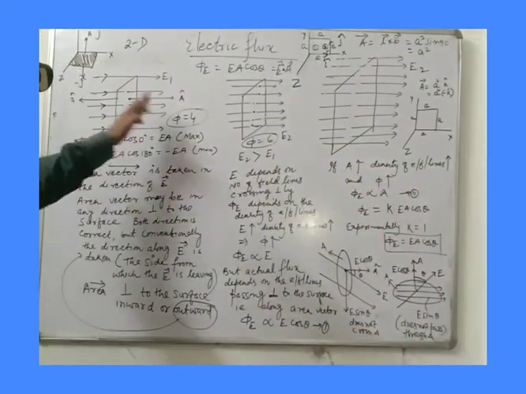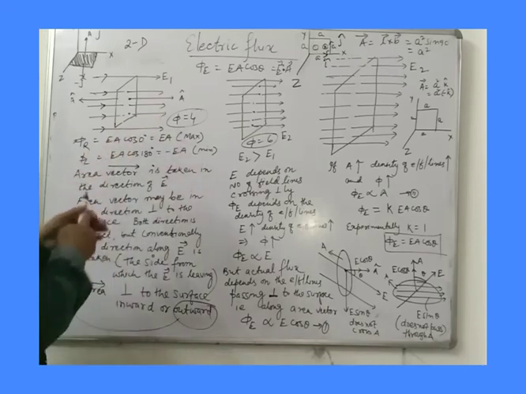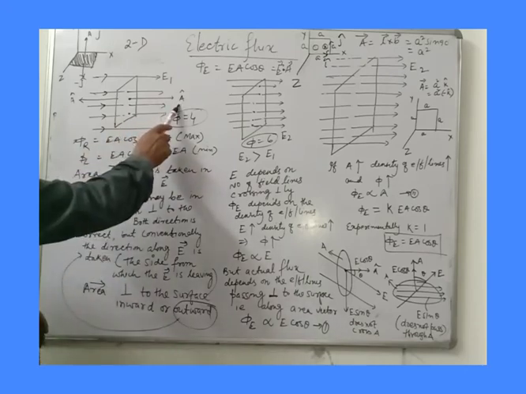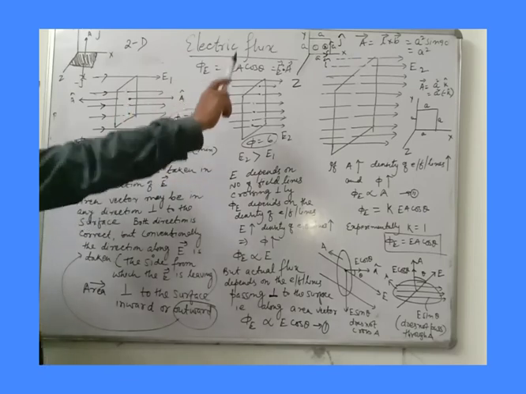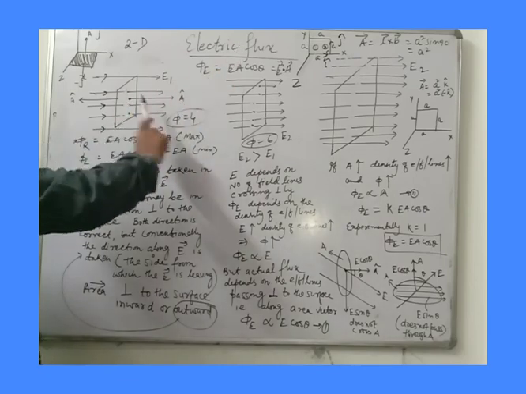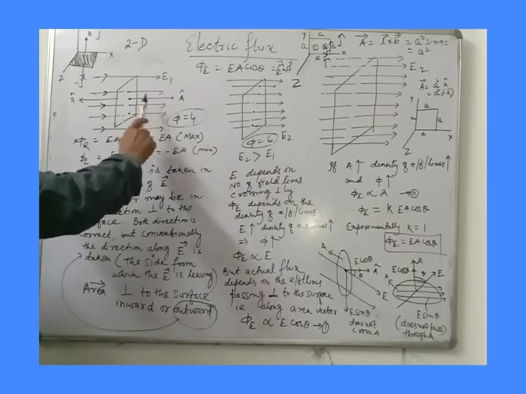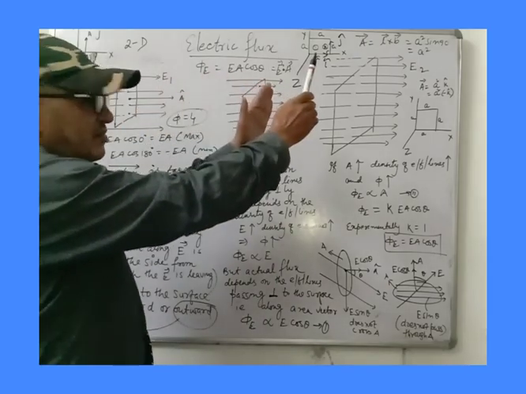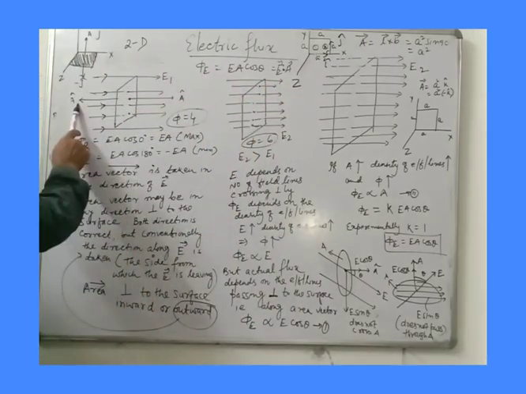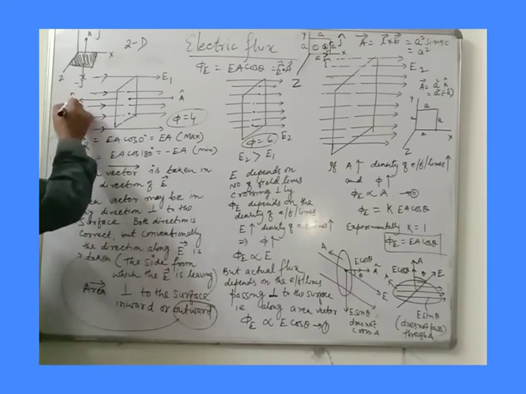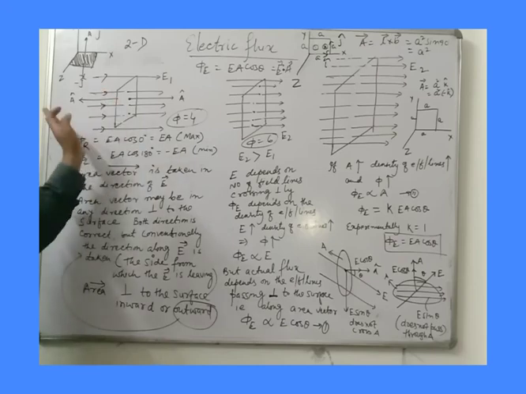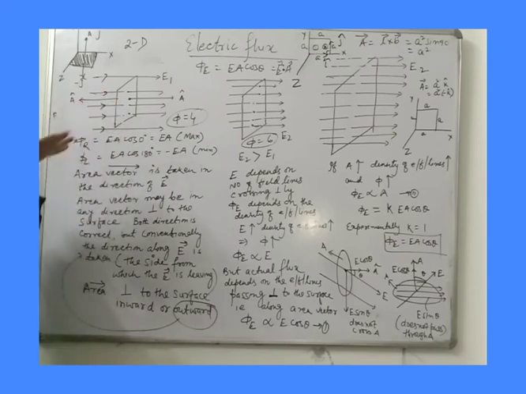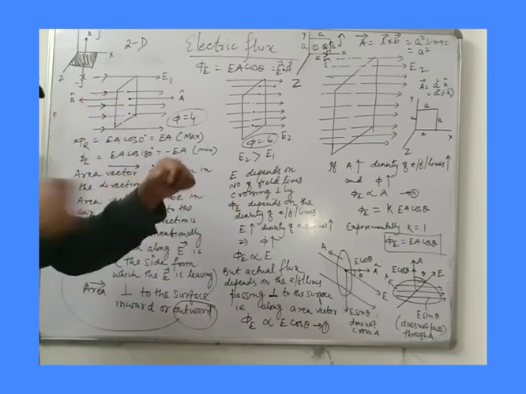Then if it is crossing that area, this area vector is in the direction of the electric field, that means in the direction of the electric field which is leaving the surface. And this area vector is in the direction opposite to the electric field. Where the electric field is entering, it's in the opposite direction.